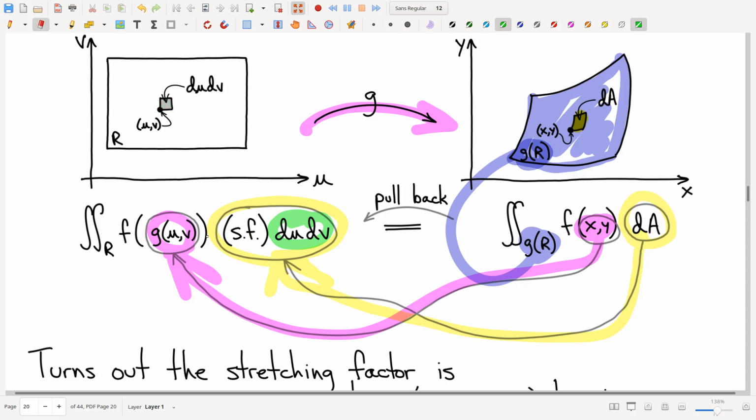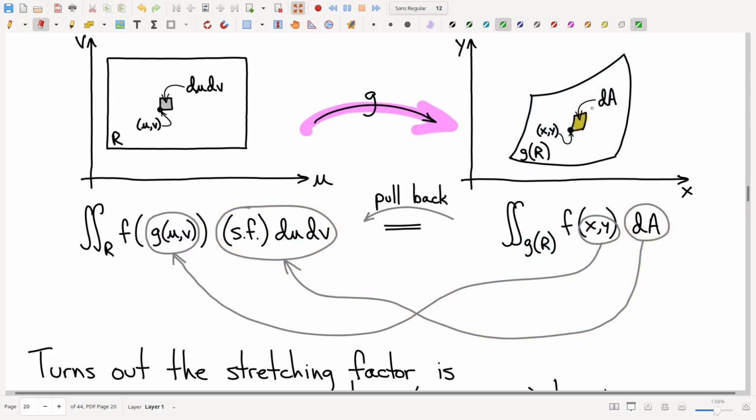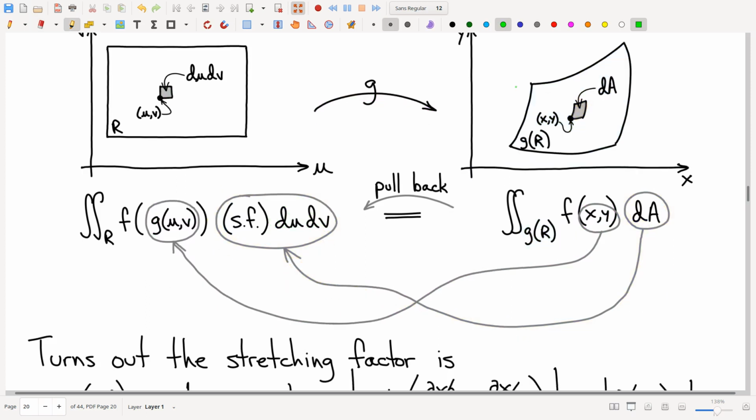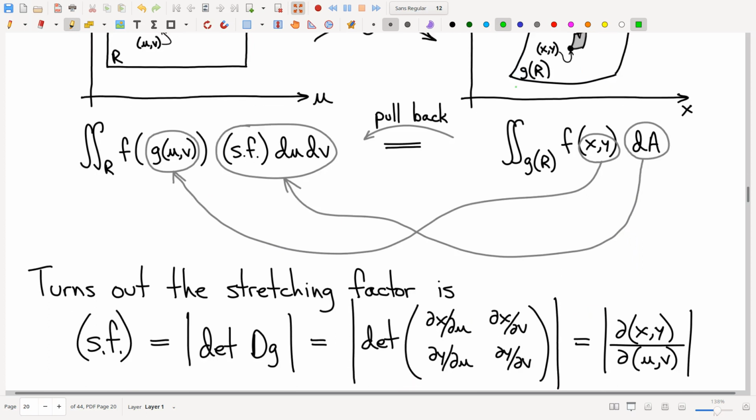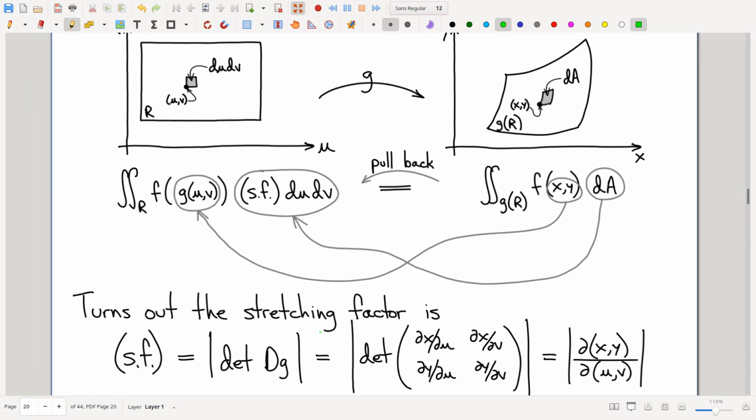So the good news is that there is a convenient formula for this stretching factor. Let's see, I don't think I can quite fit this all on. We'll do it like that. This stretching factor, I'll use green. That stretching factor right there. Good news, nice easy formula. Here it is. It's the absolute value of the determinant of the derivative matrix.